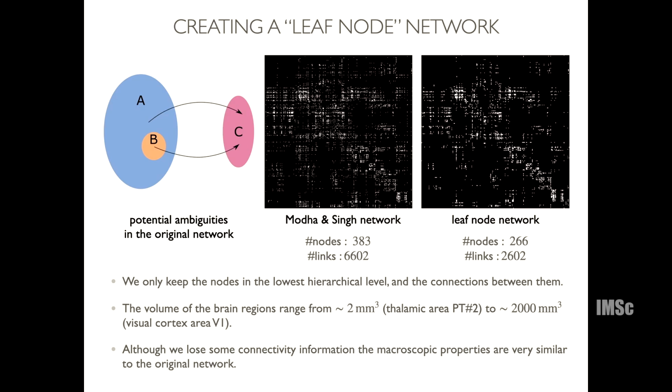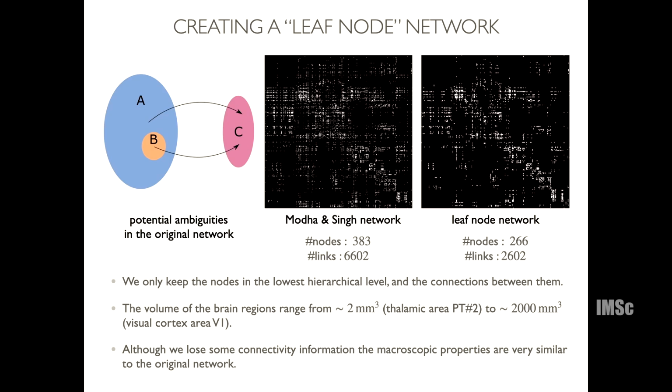What we have remaining are just the leaves. So we call this the leaf node network, and we found that the regions in this network vary a lot in terms of volume. It goes from around 2 cubic millimeters to around 2000 cubic millimeters.